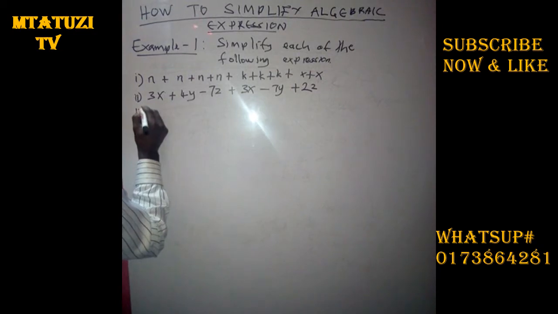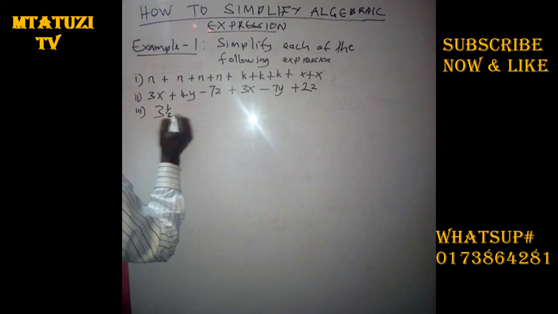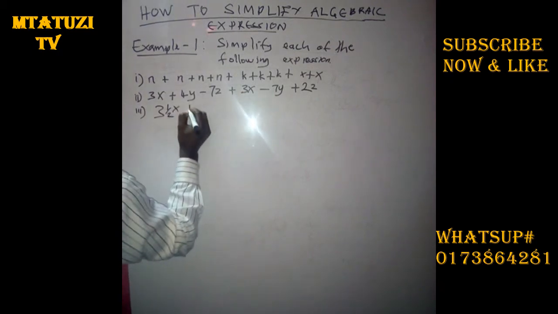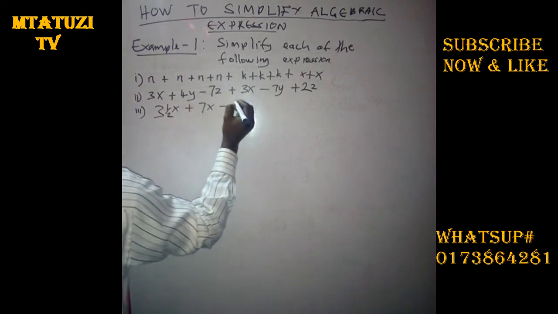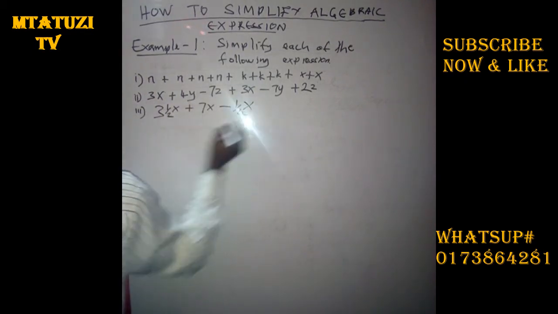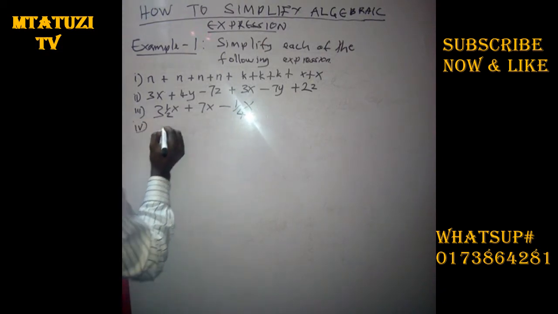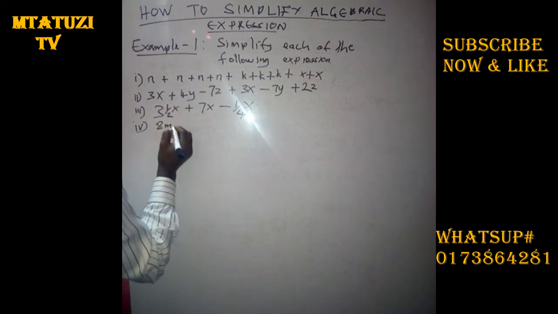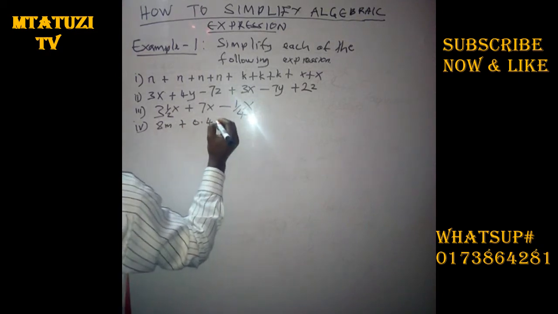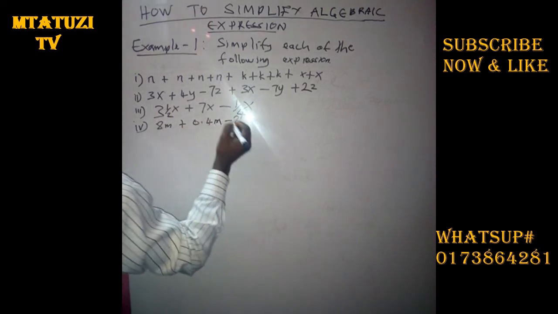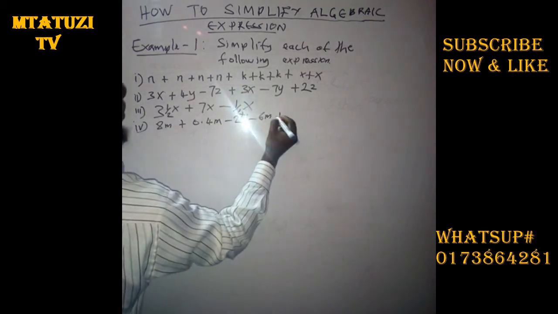Number 3, we've been given 3.5x plus 7x minus 1/4x. Also, the last one is Roman number 4, which says 8m plus 0.4m minus 2 minus 6m plus 8.